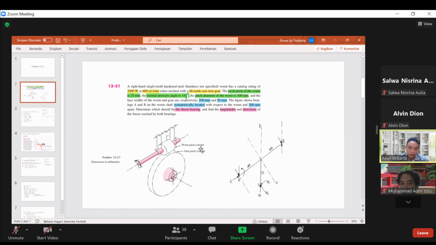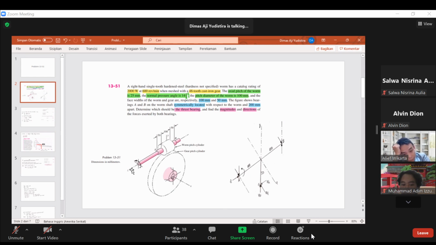Betul tadi arahnya ke sana itu, Mas. Ke Z positif. Gimana cara menentukan gaya aksial pada worm gear? Tergantung apa? Ini dari shaftnya. Shaft worm itu kenapa?